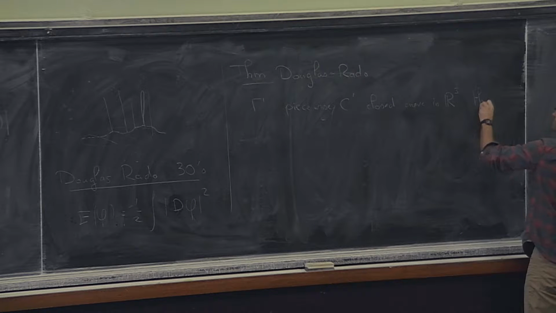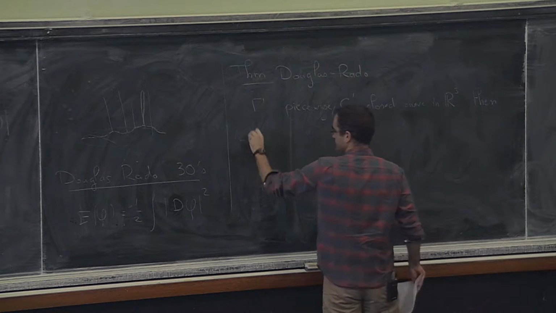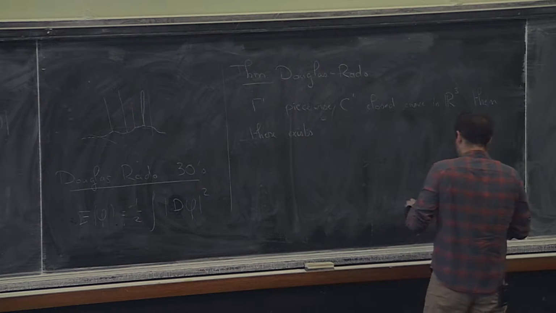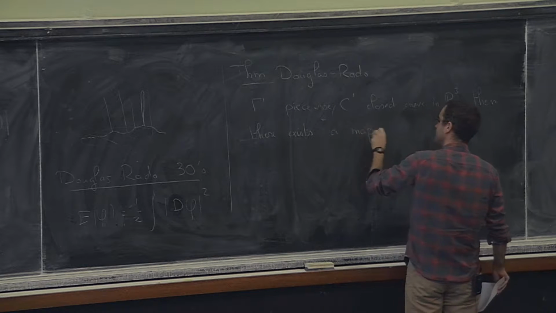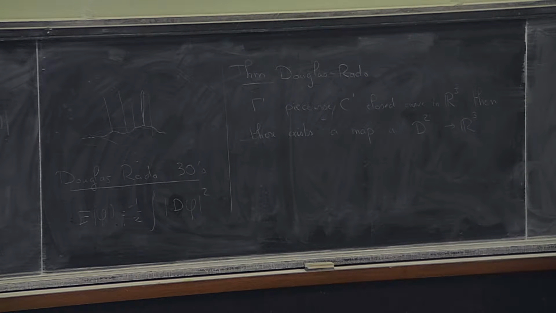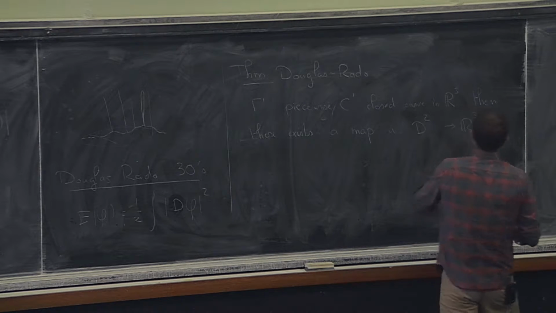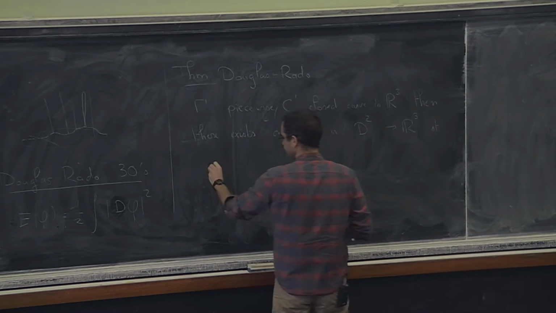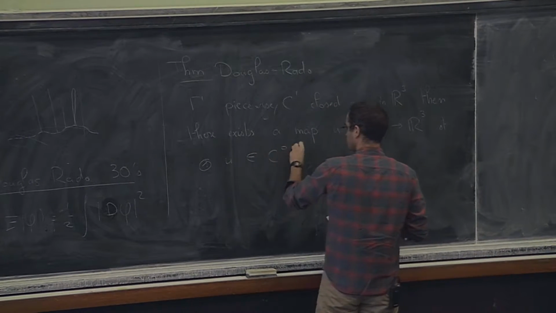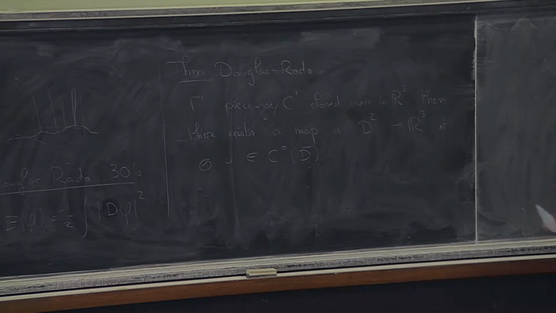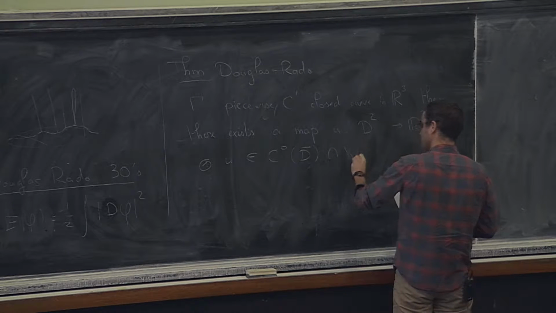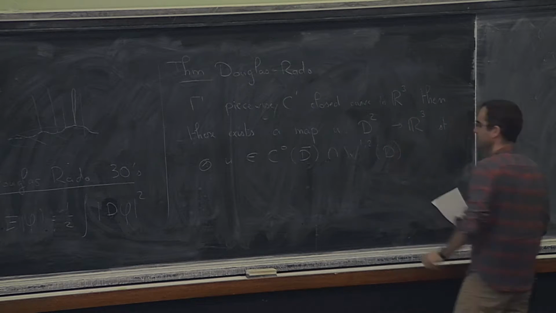Then there exists a map U from the disk to R3 such that, so first you have some regularity issue for U. So U is a continuous function on the closed disk, and it's in some Sobolev space on the disk.